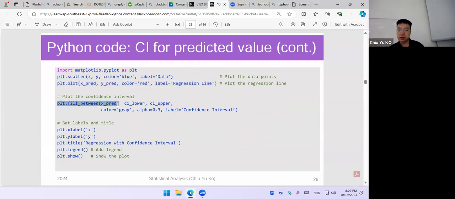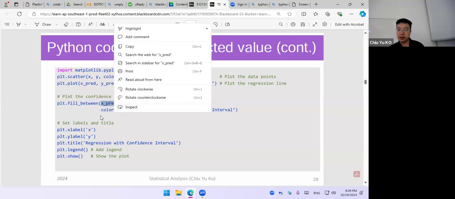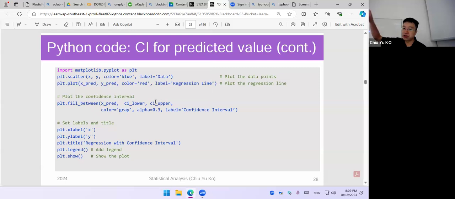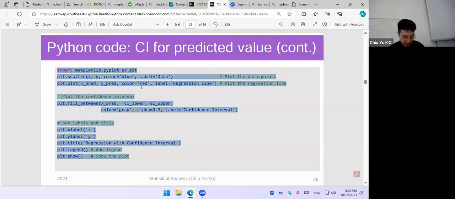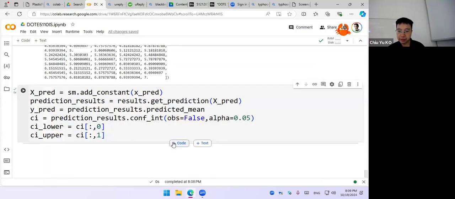I want to fill between the lower bound and upper bound using the color gray. I use alpha equal to 0.3, and I name it confidence level, and so on and so forth. The rest will be simple. Do note that because of the typo or the autocorrect function, there's some issue when you copy.